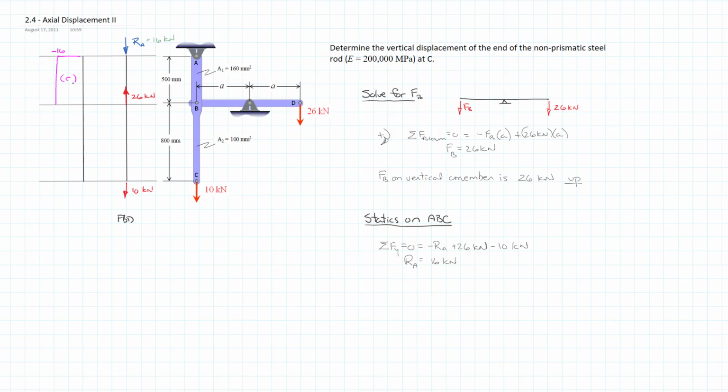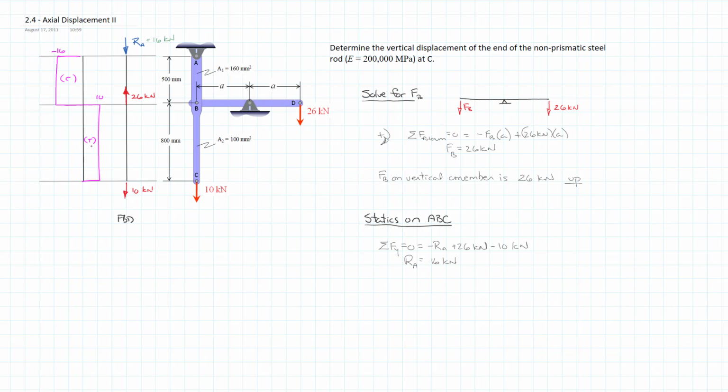I'll say compression just to be clear. And then when we take minus 16 and add 26 to that, we go up to a positive 10. And again, it's constant between B and C because there's no forces applied. And then, of course, the 10 that's applied at the bottom brings us back to 0, and that is in tension.